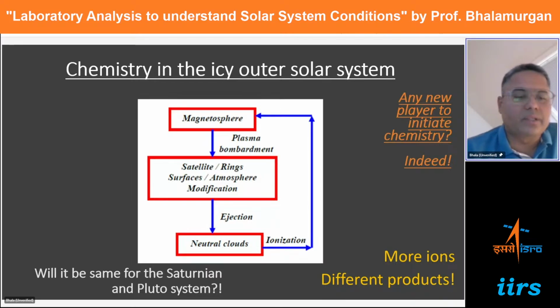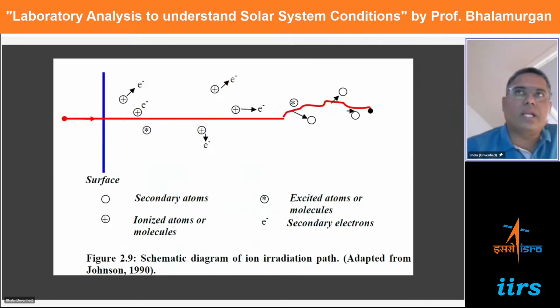So we have seen the different places, we've seen the source, and we know what is going on in individual systems. Now, when this energetic particle, taken by a magnetosphere, hits a surface, what happens?